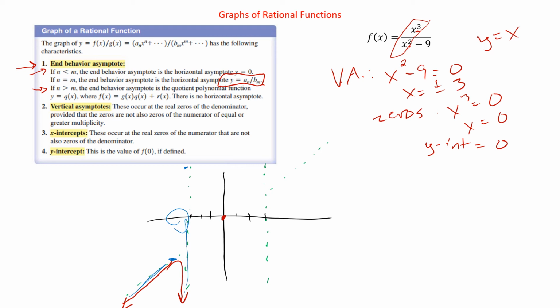Since we knew it was negative, it's going to stay negative. The same basic principle applies for the plus side, because we know it's coming that way, and then it has to go up instead of down, because again, there's no zero over here, so it cannot cross that axis to get to an asymptote down there.